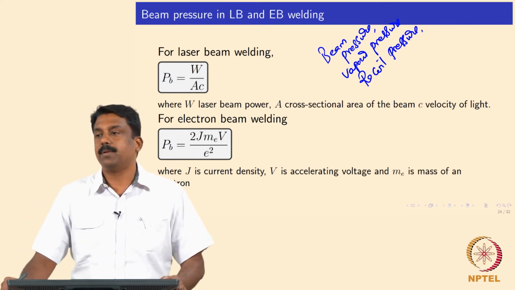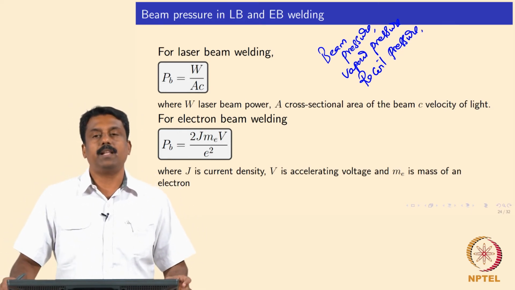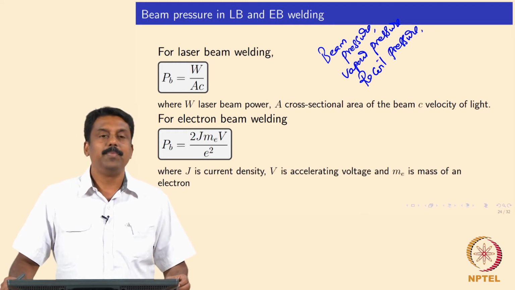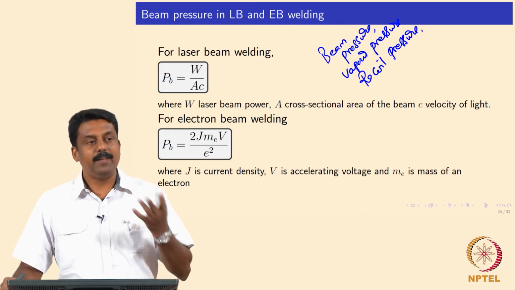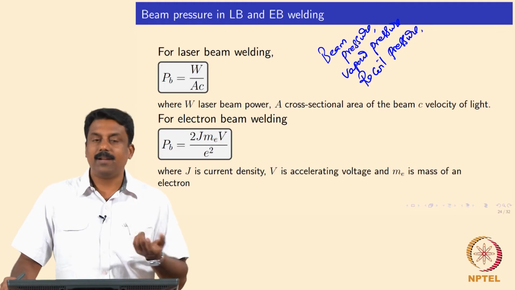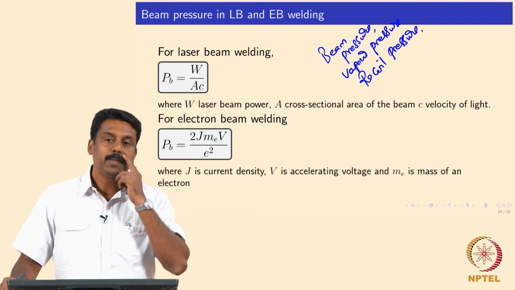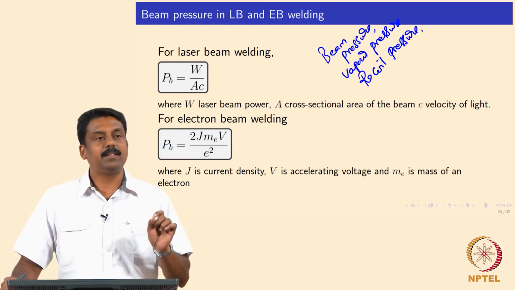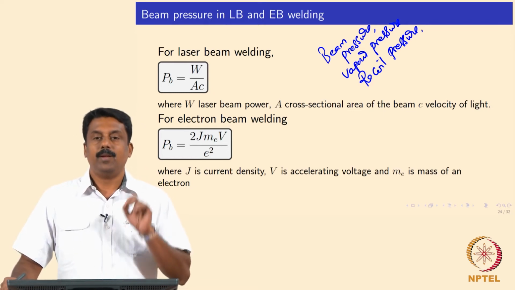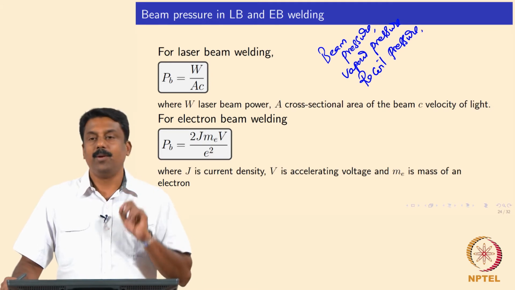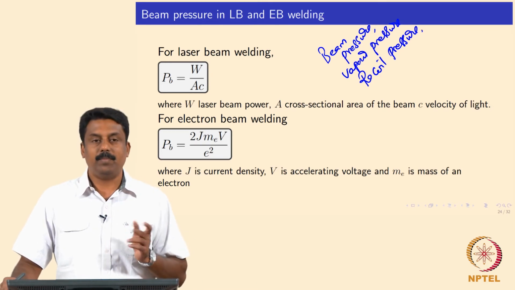In the electron beam welding process, the beam pressure is much higher than in laser beam welding. So, in a way, it is difficult for anyone to do welding in conduction mode using an electron beam. Okay. So, in all cases when you use an electron beam, you always use keyhole welding.